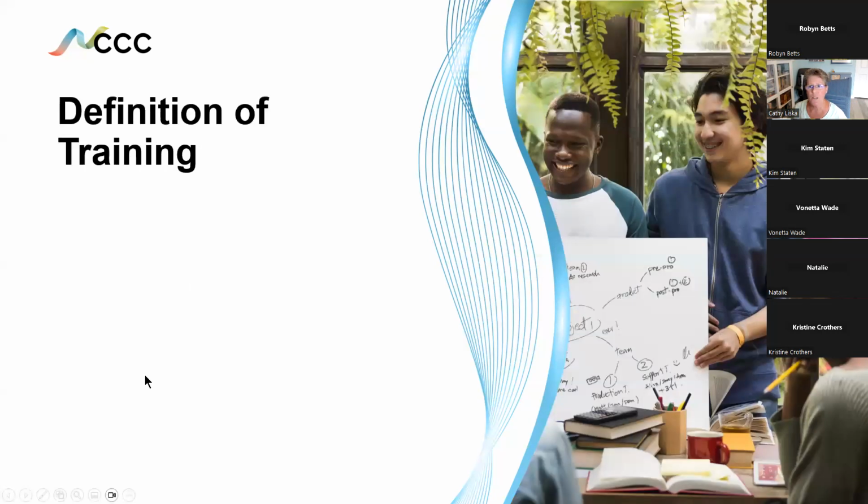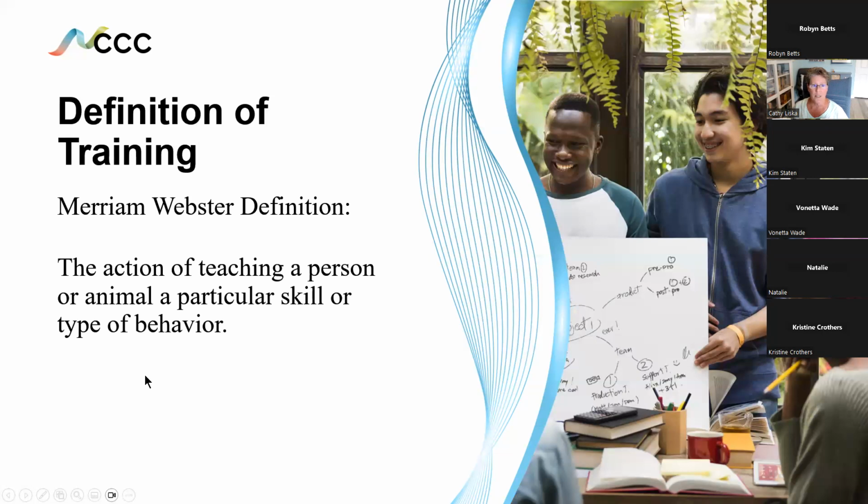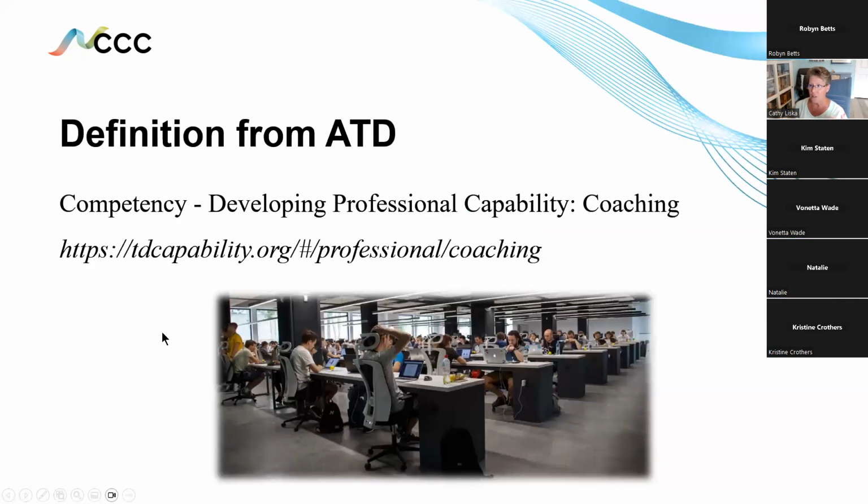Alternatively, when we talk about training, the definition of training is the act of teaching a person or an animal, love that that's in there, a particular skill or type of behavior. If we look at ATD, what they do say is a competency for developing professional capability is coaching.